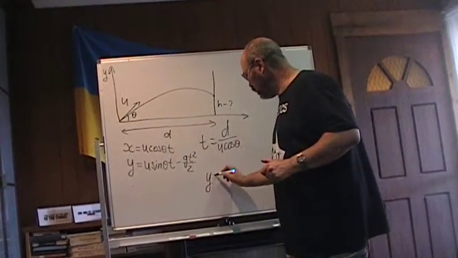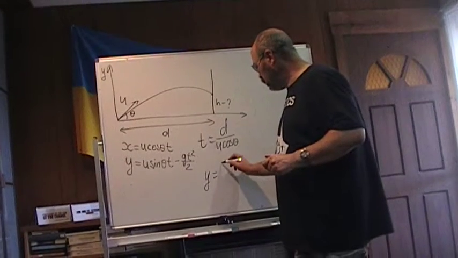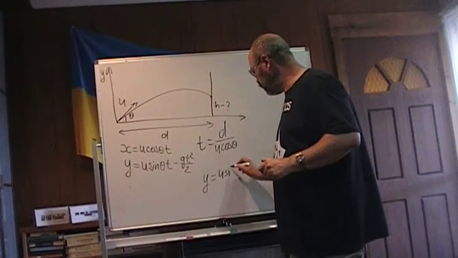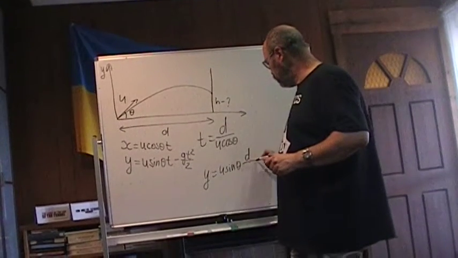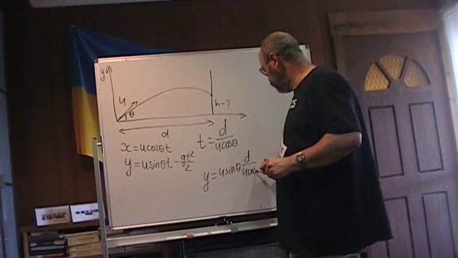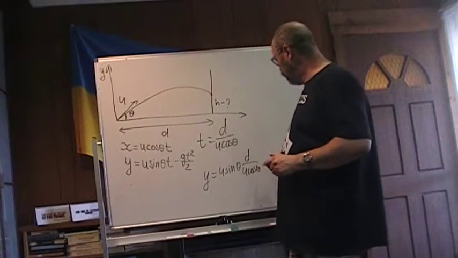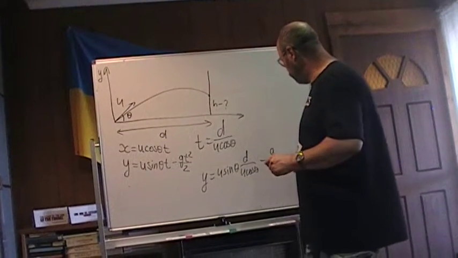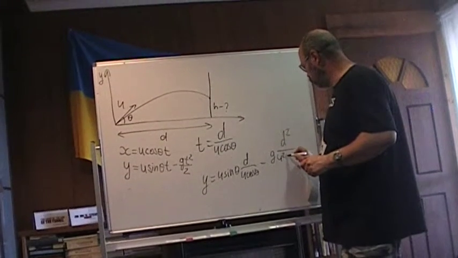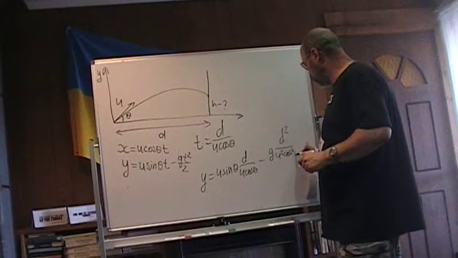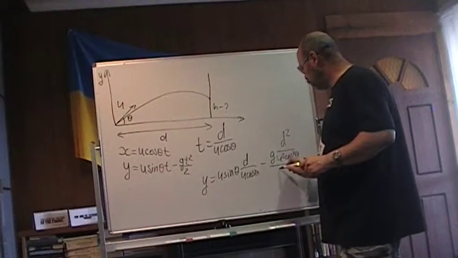We'll get y equals u sine theta times d over u cos theta minus g d squared over u squared cos squared theta over 2.